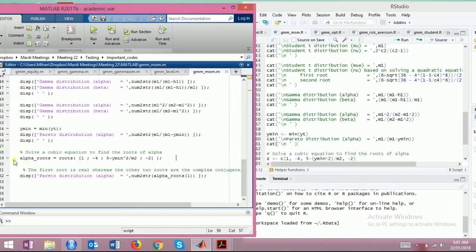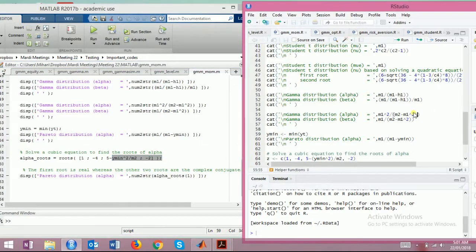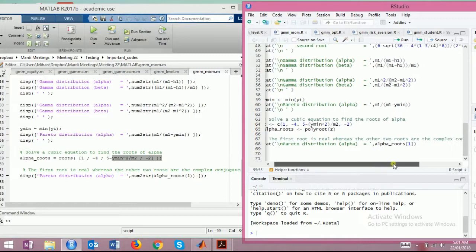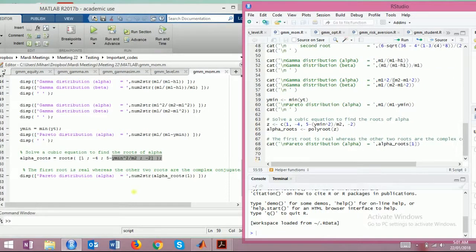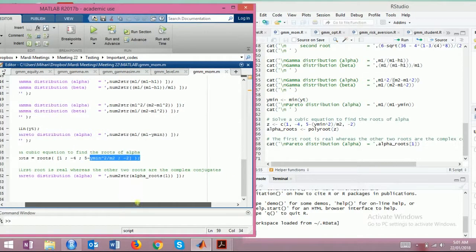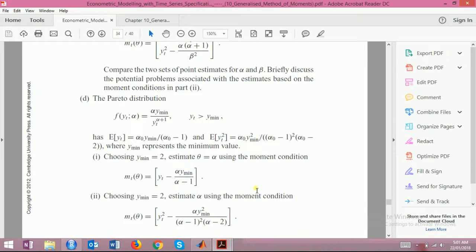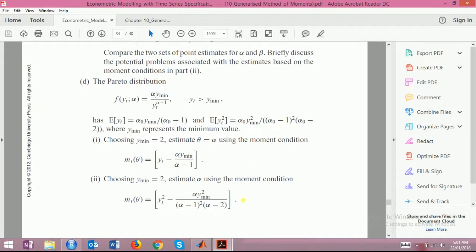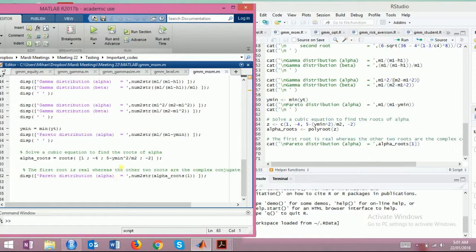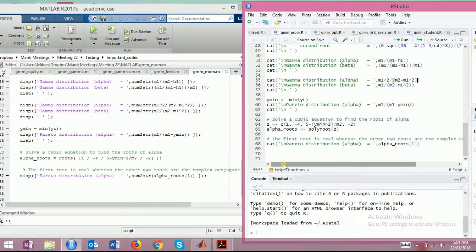To find the roots of alpha, we need to solve a cubic equation. The first root is real, but the other two roots are complex conjugates. So these are the alpha roots for the Pareto distribution moment condition, and we need to do some mathematics here. Just the roots of alpha. We can use the polynomial roots function.